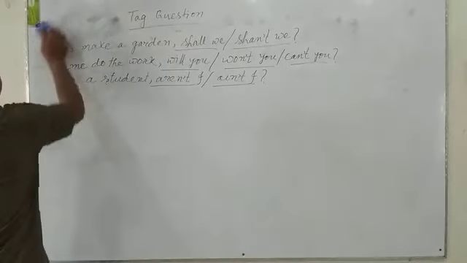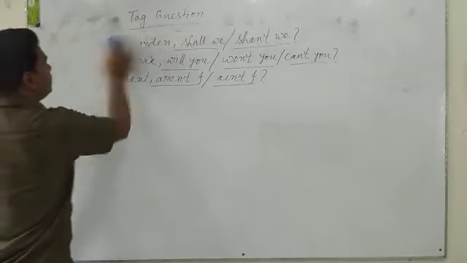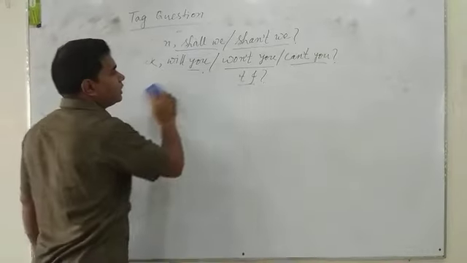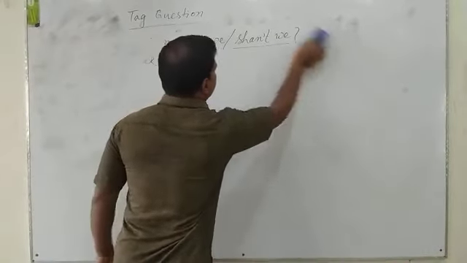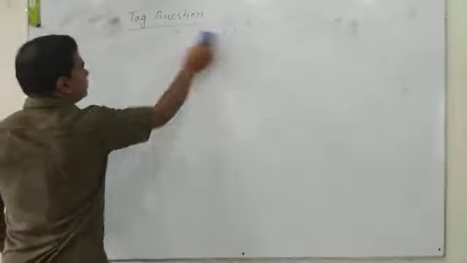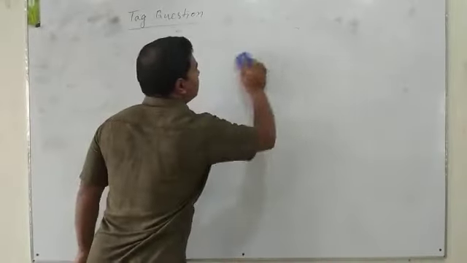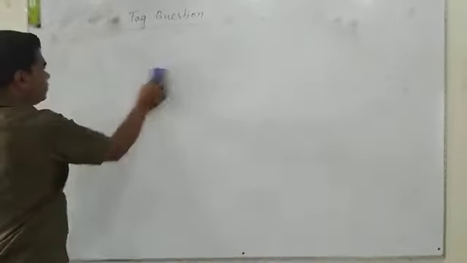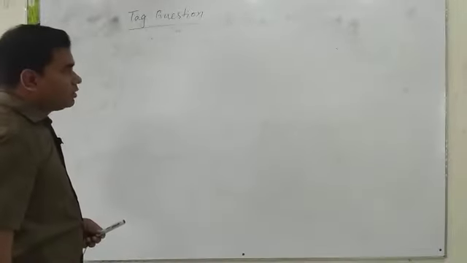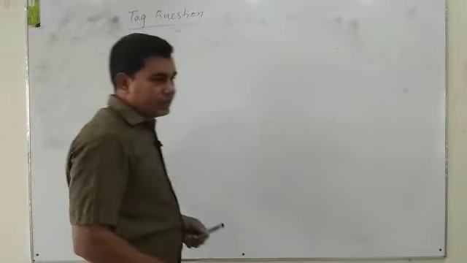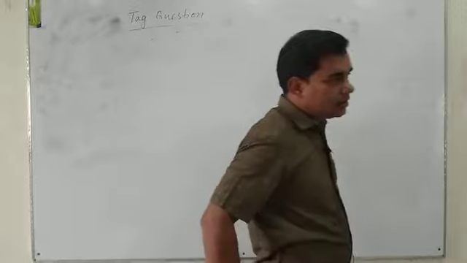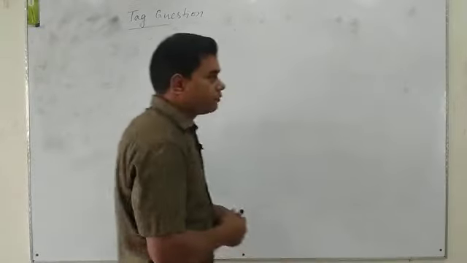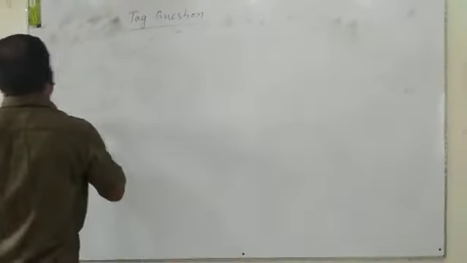If the subjects are everybody, everyone, all, nobody, no one, none, somebody, someone, as the subject of a sentence, we are to use "they" as the subject of that pronoun.